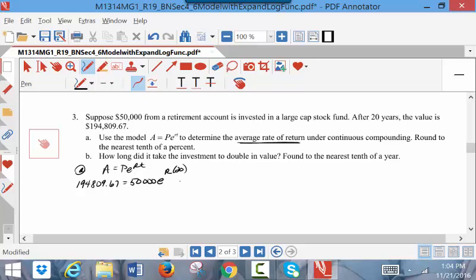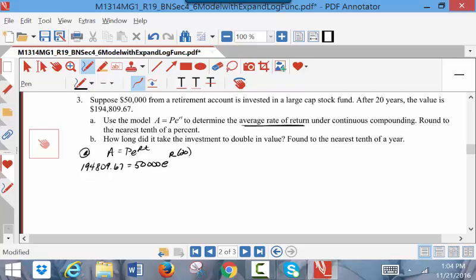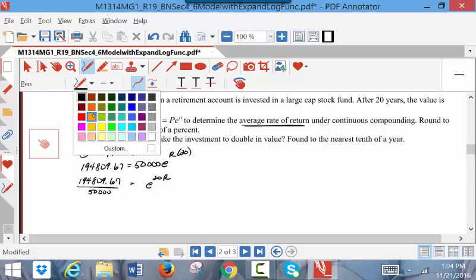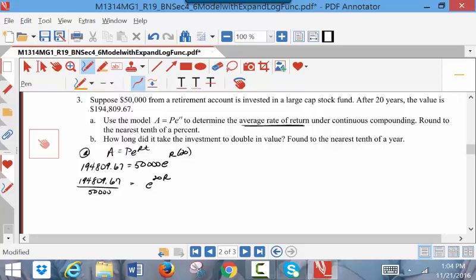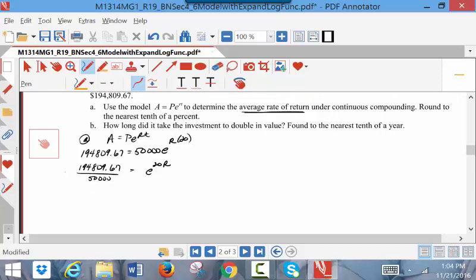So the first thing I do, what is the first thing I do? Good. Divide it by 50,000. So you isolate the E term. Then you take the natural log of each side, which will bring that 20R to the front.